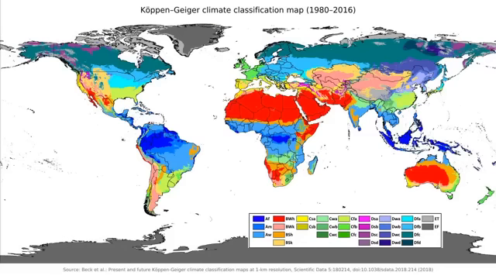This map is the Köppen-Geiger climate classification map. It depicts the world distribution of climates based on the classification originally invented by Vladimir Köppen in the 1900s. Okay, so basically, the way he classified this is through the amount of precipitation, the amount of dryness, and the amount of temperature that is present in a particular area. Okay, so there are several types of climates.